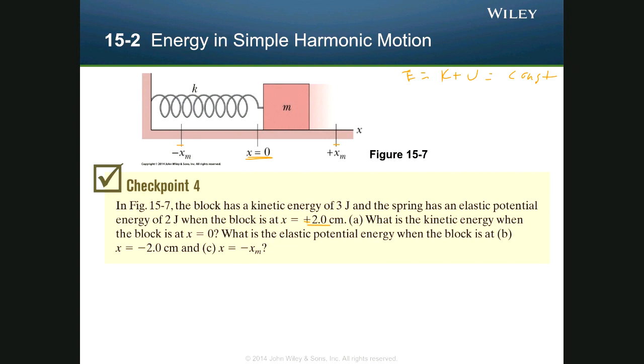My pre-question to you that I'm going to answer is, is 2.0 the amplitude? Is it one of the amplitudes? Would it be the positive amplitude, or would it be between 0 and the positive amplitude, or between 0 and the negative amplitude? Since it's positive, we know that it will either be between or at x_m. But we can see that there's some kinetic energy and some potential energy.